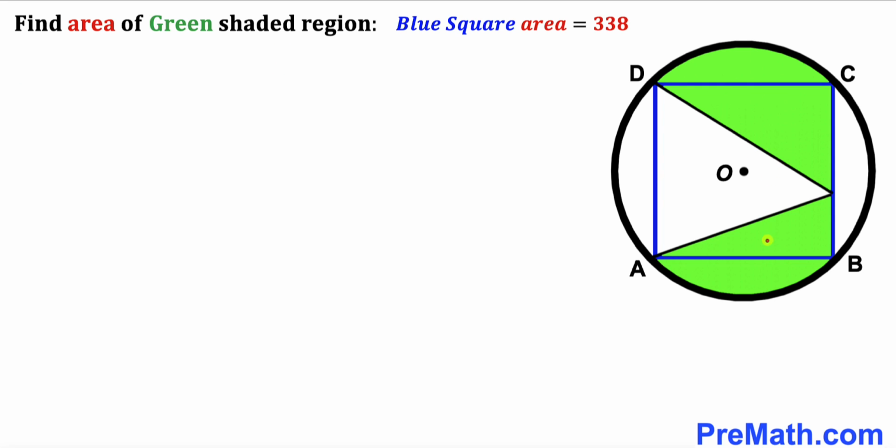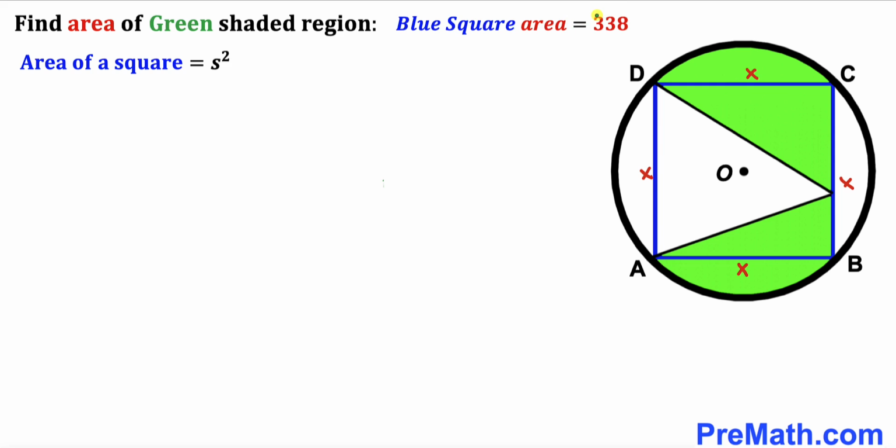And now let's assume the side length of this blue square is x. Since all the sides of the square are equal, this side is going to be x, x, and x across the board. And now let's recall the area of a square formula, area equal to s square, where s represents the side length of the square.